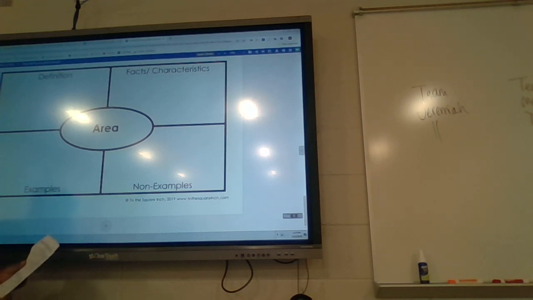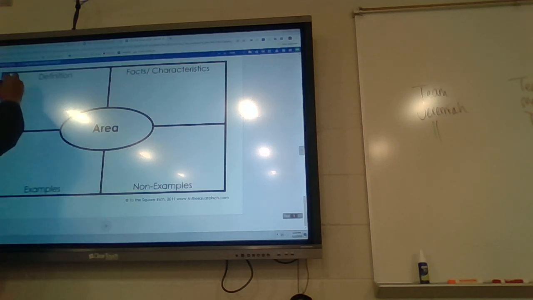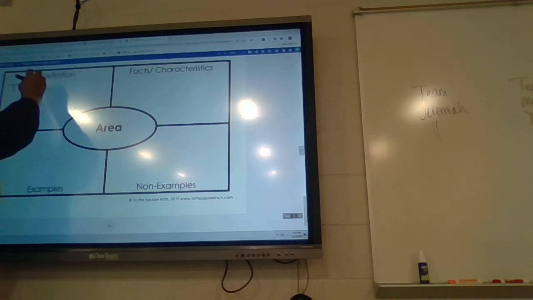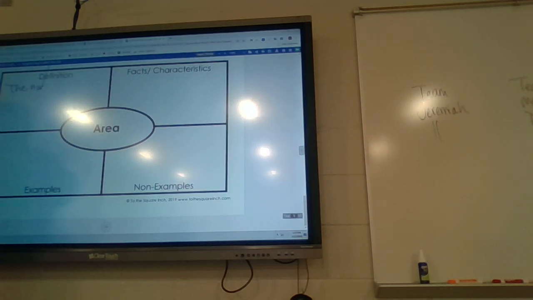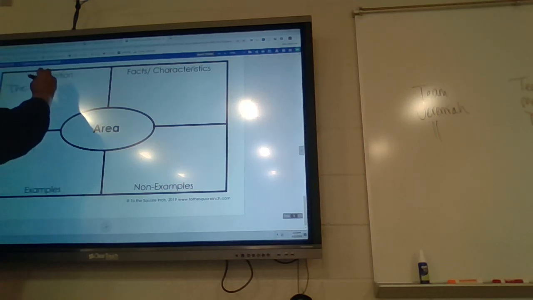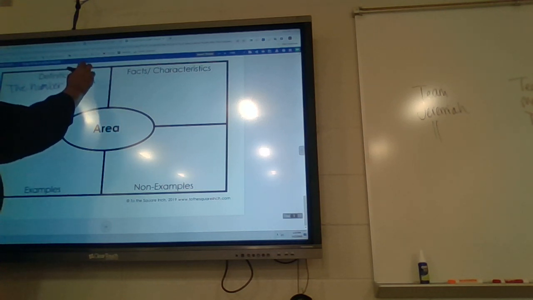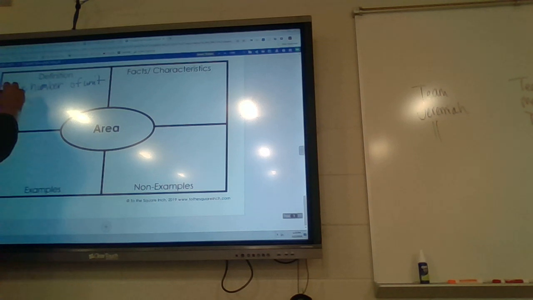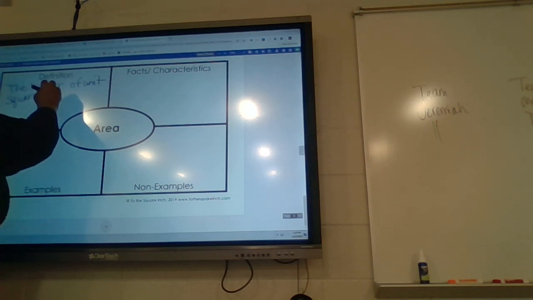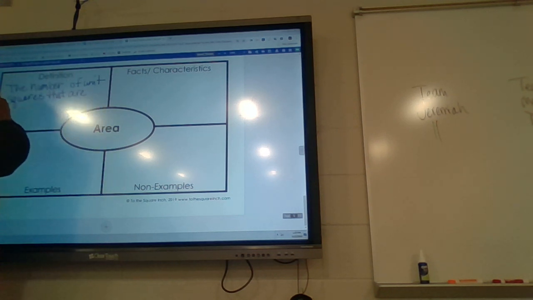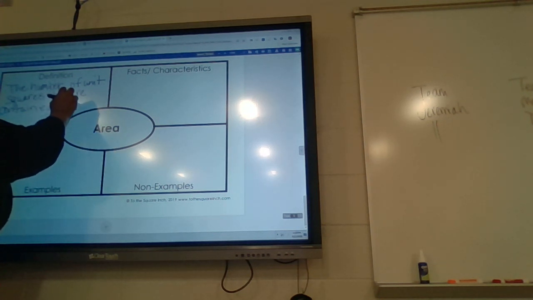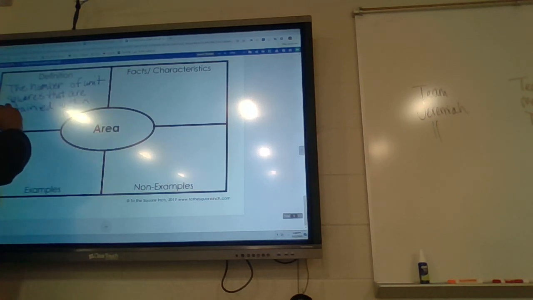So the definition of area is the number of unit squares that are contained within a figure.